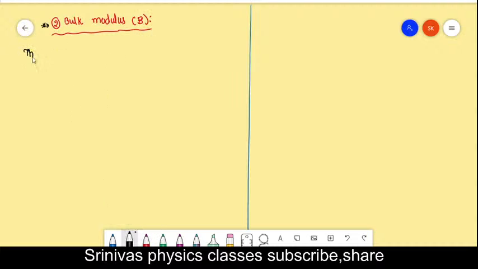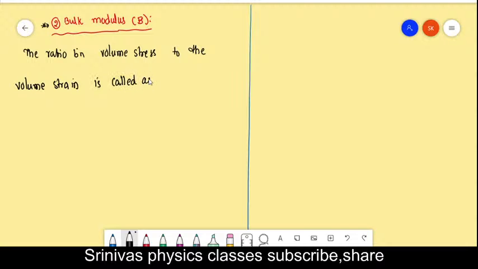It is the ratio between volume stress to the volume strain. The ratio between volume stress to the volume strain is called bulk modulus. Okay, bulk modulus.